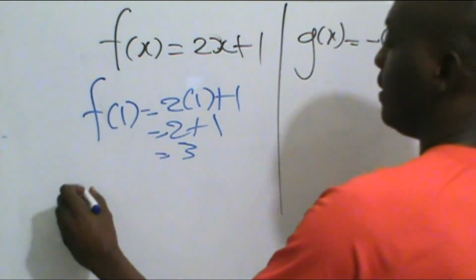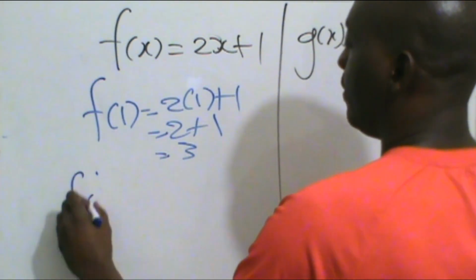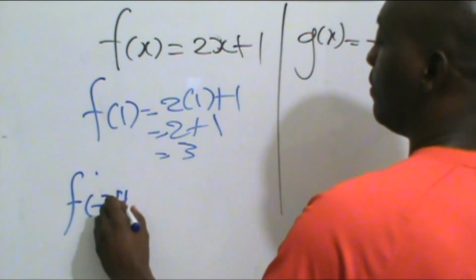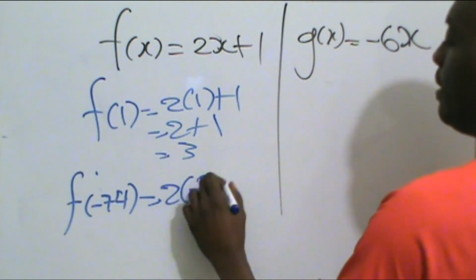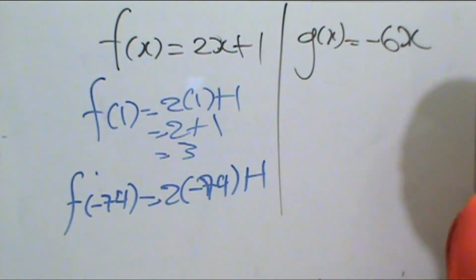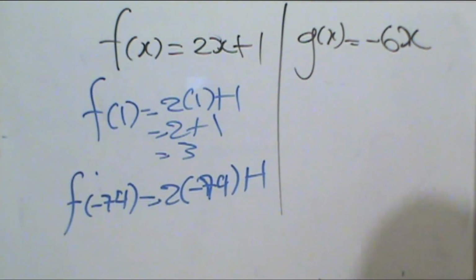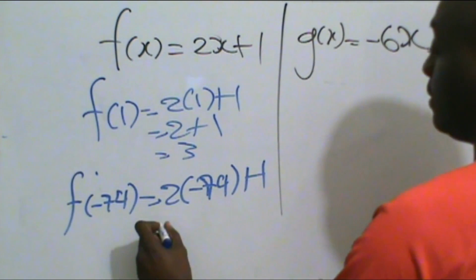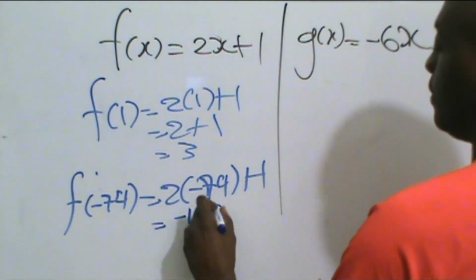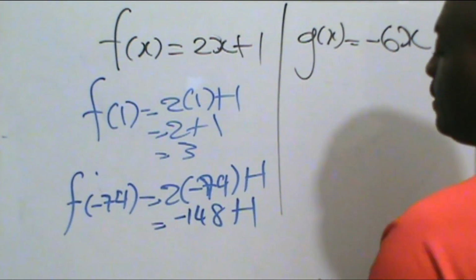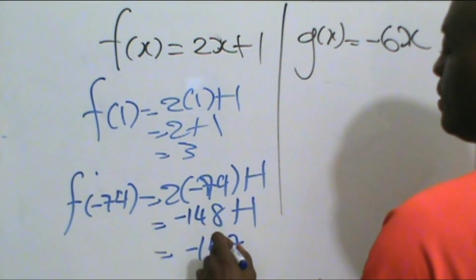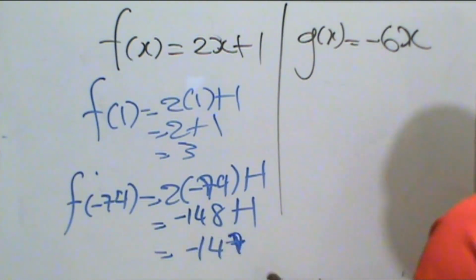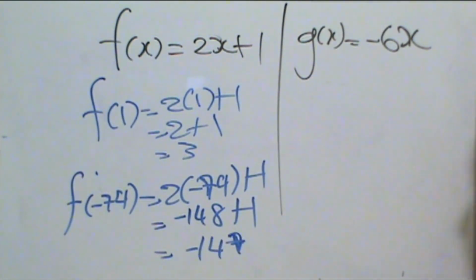Let us say f of minus 74. f of minus 74 is equal to 2 by minus 74 plus 1. 2 by minus 74 is minus 148, plus 1, which is equal to minus 147.